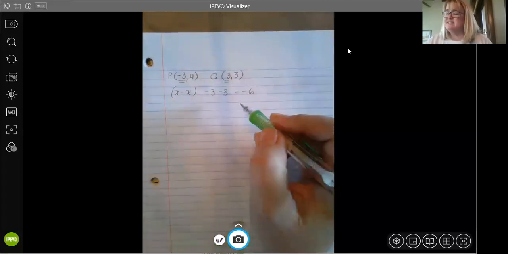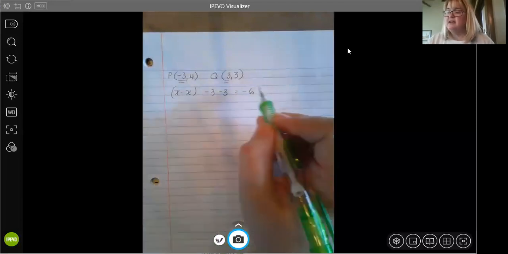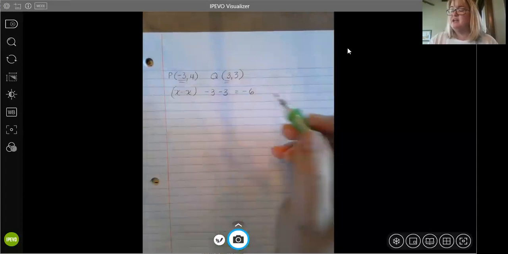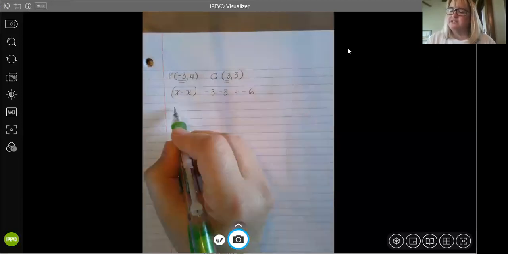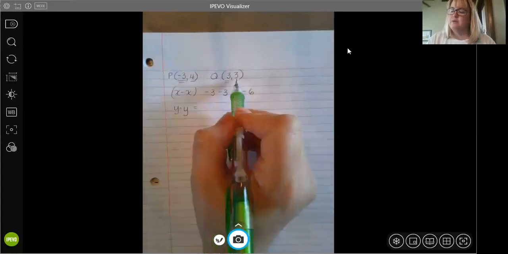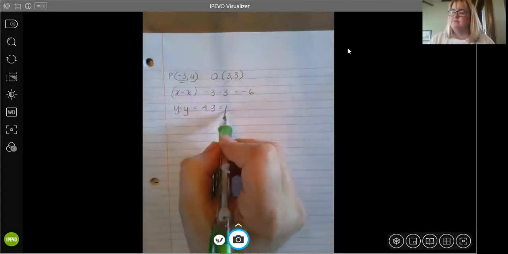We're talking distance, so we need to think of absolute value, and the absolute value of -6 is 6. It doesn't really matter that we got -6, but the distance is 6. And the other, if we subtract the y's, we'll figure out the length of the other leg. So we've got 4 minus 3. So 4 minus 3 is 1.